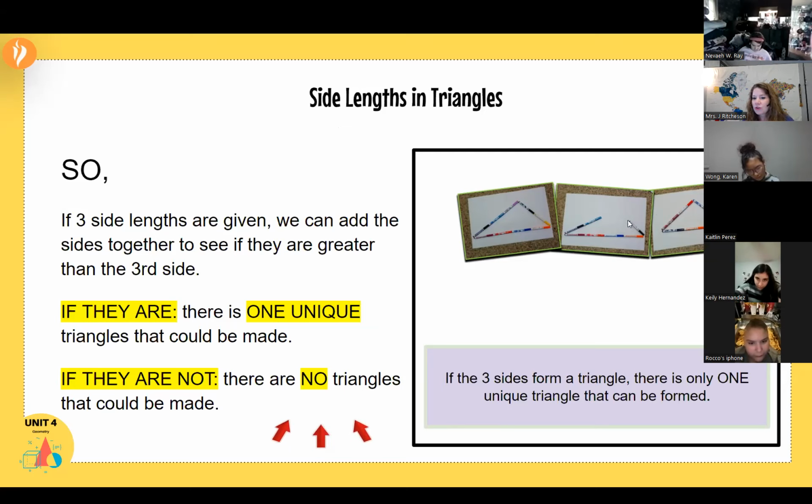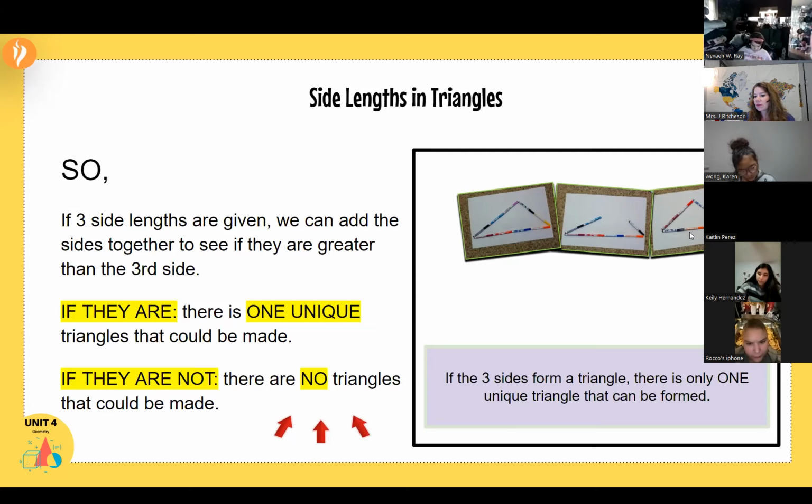No. So when you try to connect these 2 sides to form a triangle, you can see that it's not possible. 2 of the sides will not be able to touch because they're not long enough. So that's what happens when the sum of the 2 shorter sides is less than the third side.